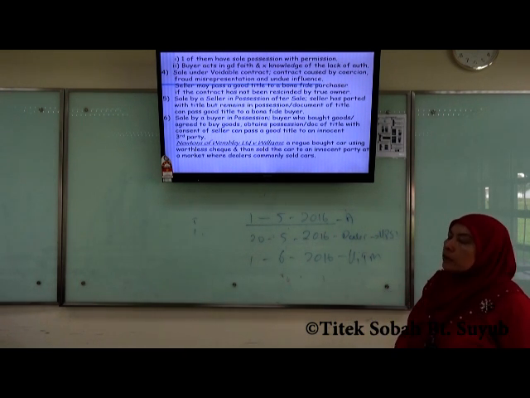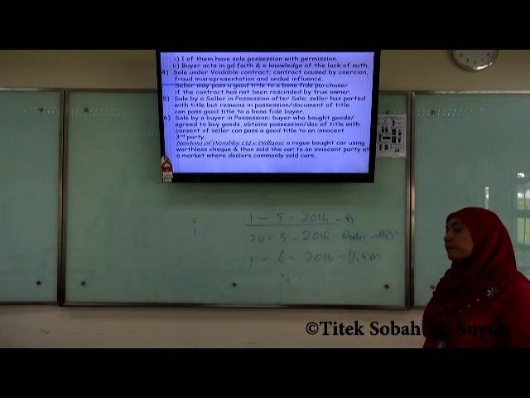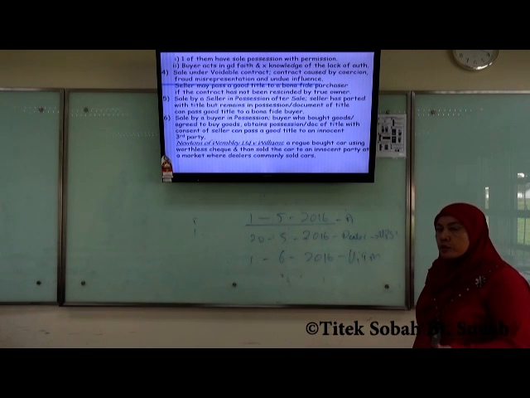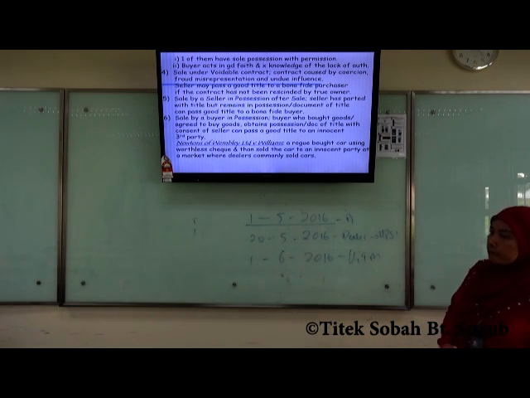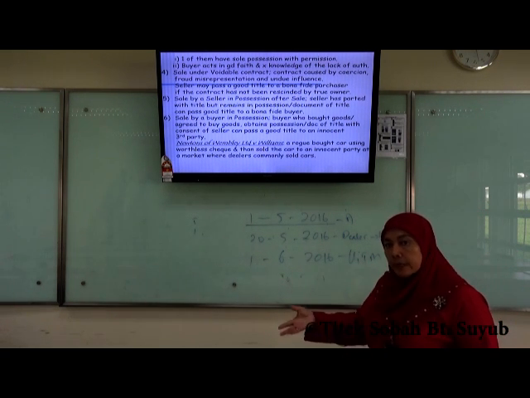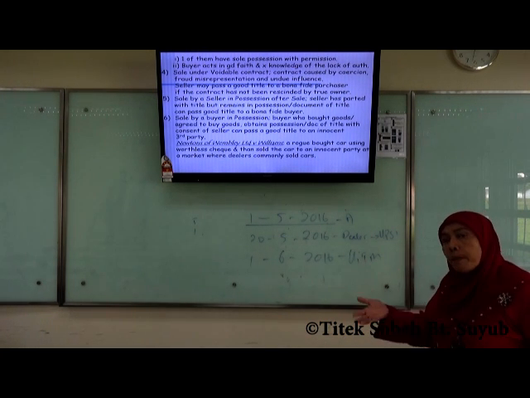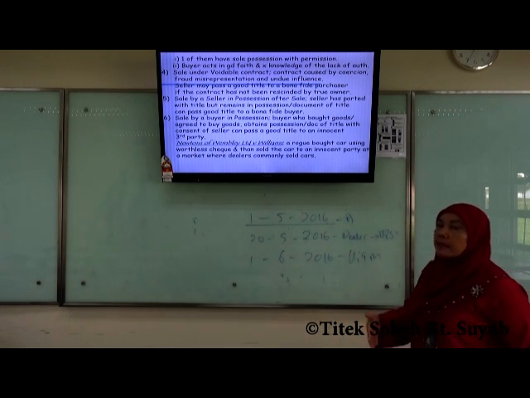He bought this car using this worthless cheque, and of course, the owner of the car lodged a police report because this cheque is useless, right? However, before this bad guy, this rogue, could be captured, he sold off the said car to a new buyer at a marketplace. And this is a normal marketplace where car dealers sell cars.